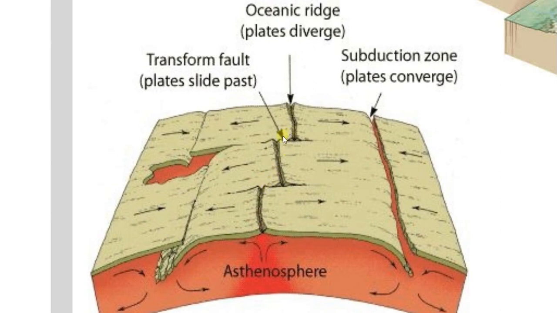So you notice how it says transform fault, plates slide past, right here. This one section right here, we've got transform boundaries. This rock is moving this way. This rock is moving this way. So eventually, once it gets here, these rocks are moving in the same direction. So in isolated sections in between the divergent boundaries of the mid-ocean ridge, we also have transform boundaries.